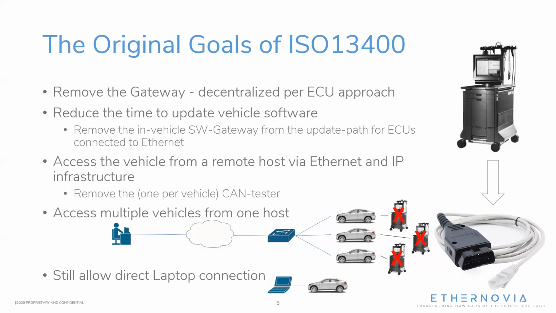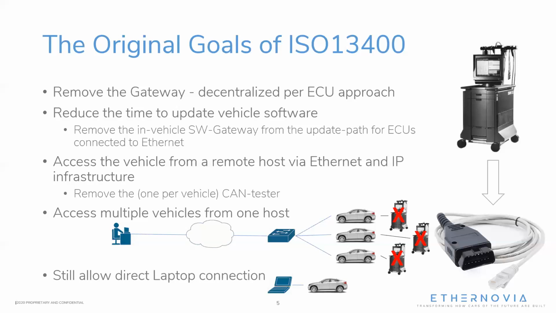Now, another advantage that came along with this was that if you want to do a connection to CAN to the vehicle, you always need some sort of tester device sitting next to each vehicle. This is obviously not very advantageous in a larger workshop or in a development system or even in a plant situation.